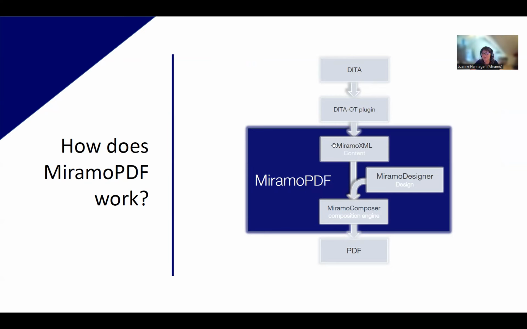This is the Miramo fully documented version of XML, and it contains content only with referencing to formatting. All the formatting is controlled within the GUI template designer, Miramo Designer. And then the composition engine takes the Miramo XML and the template and renders the PDF. And I'm going to show you how that works. We're going to look at Miramo Designer.